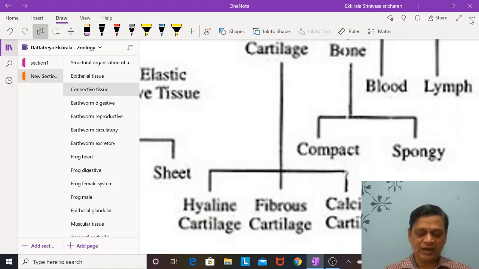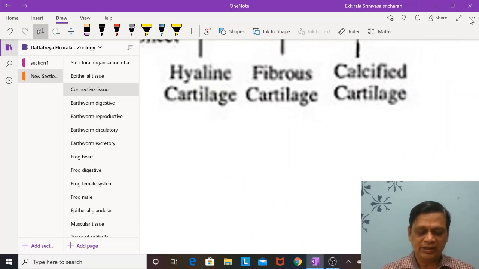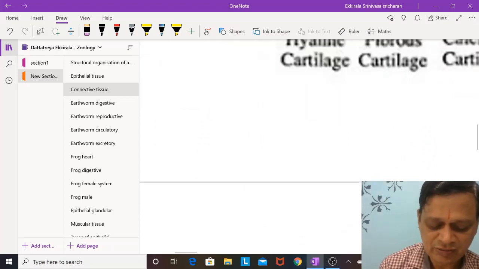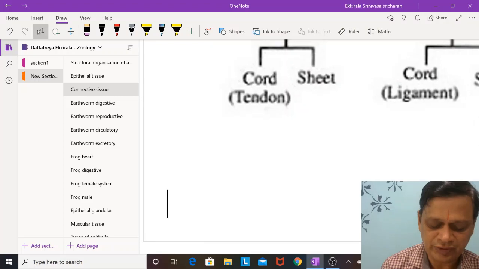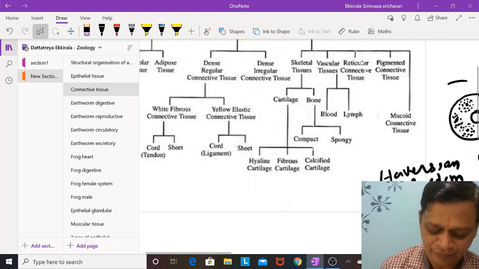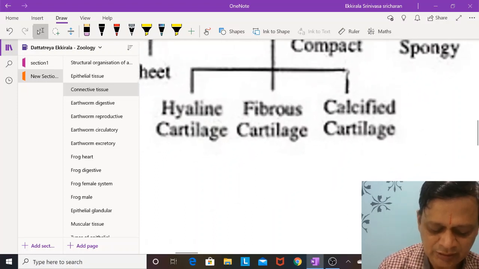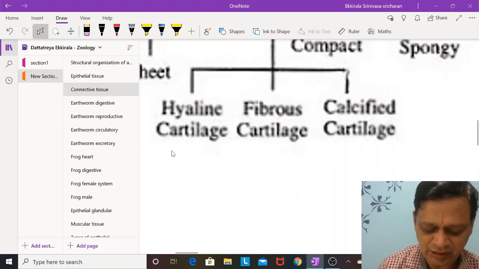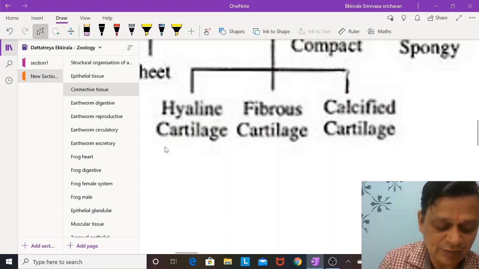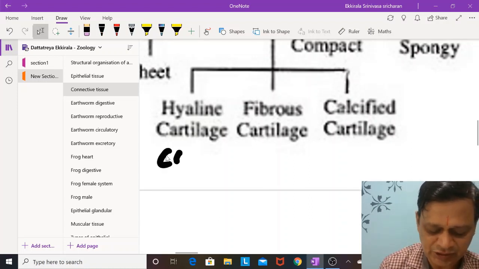Hyaline cartilage is one of the soft or delicate type, and it can be seen in places like costal cartilage.